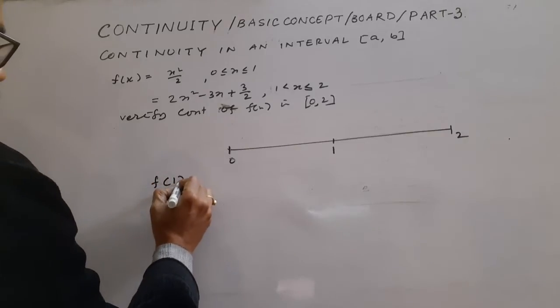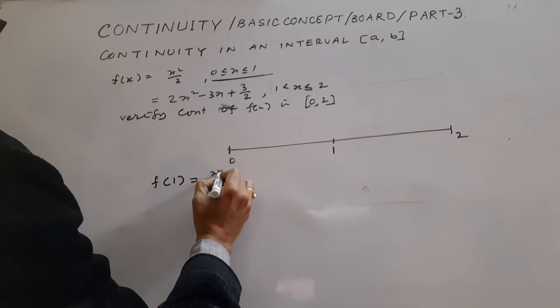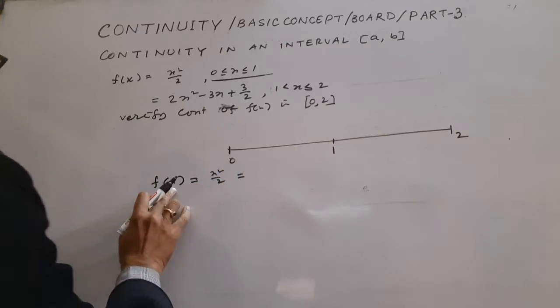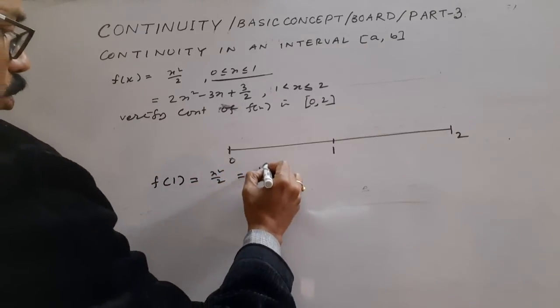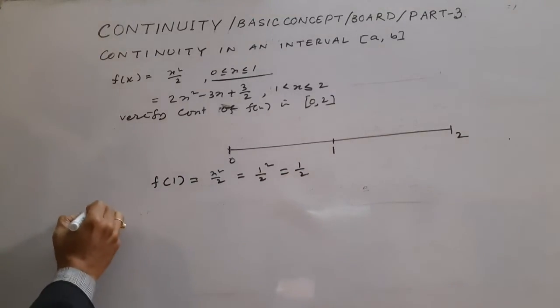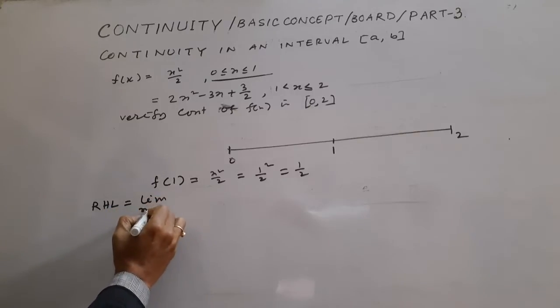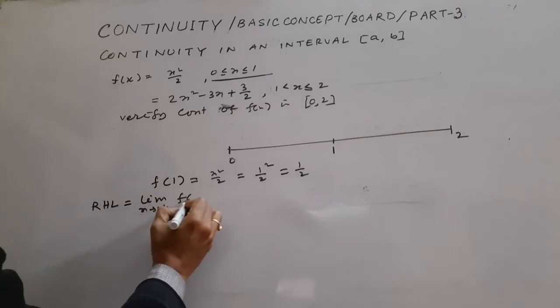So what is f(1)? f(1), look at this restriction, x square by 2, now functional value is 1. So 1 square by 2, so this is half. Now what is RHL? Limit x tends to 1 plus f(x).